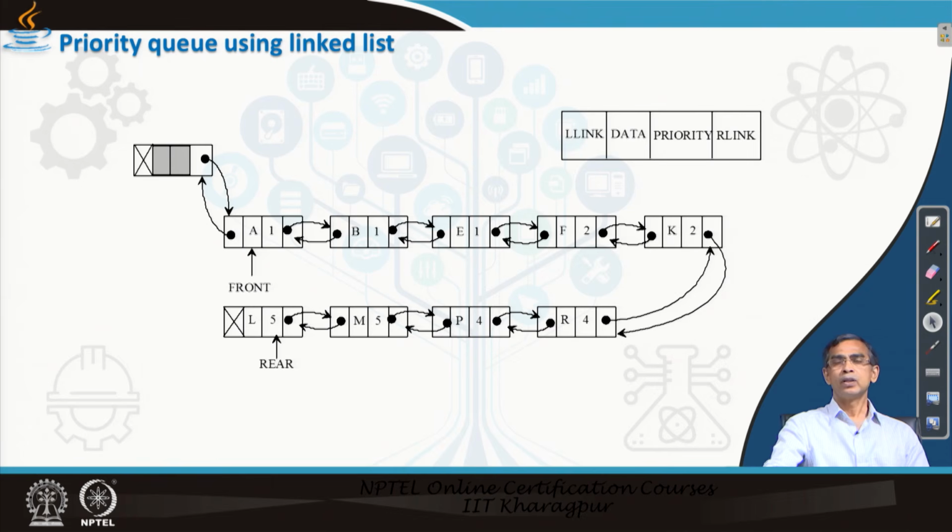The highest priority elements will be towards the front. If you sort from front to rear in descending order of priority value, it will work for implementing a priority queue.